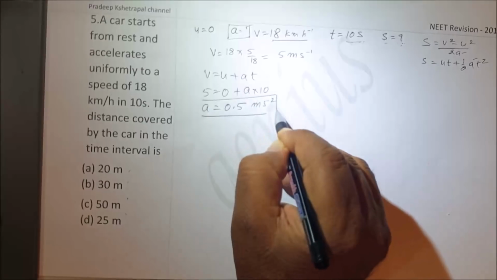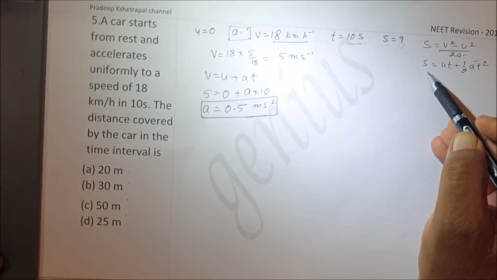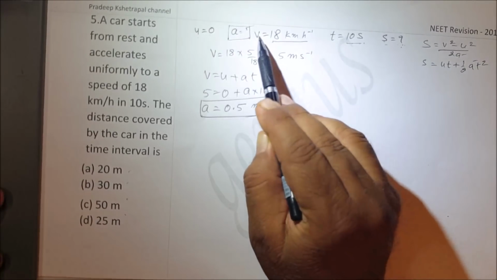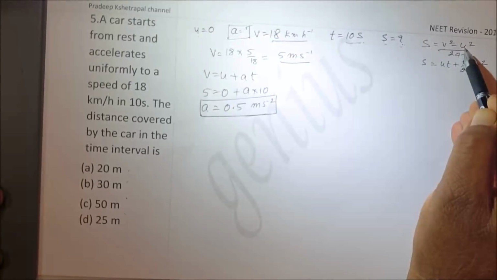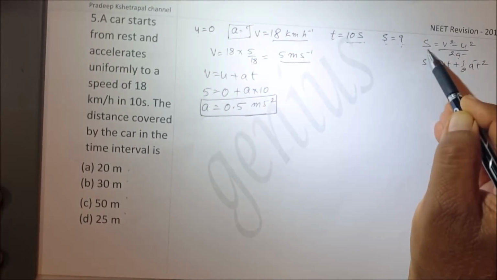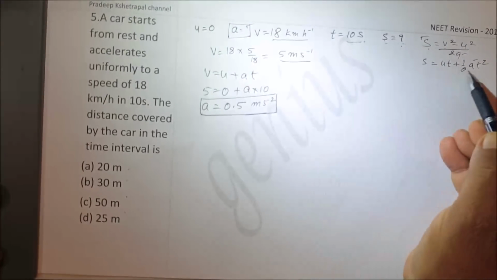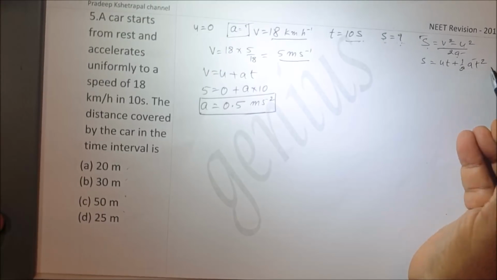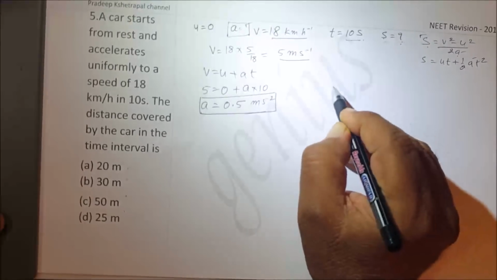This is the A. Now with this we can find out S. Which one would we like to use? The final velocity is given to us, that is 5. Initial velocity 0. A is known to us, so we can find S with this equation. We can use second also, but in second again it is half AT square. Both are very easy, you can find with anyone.